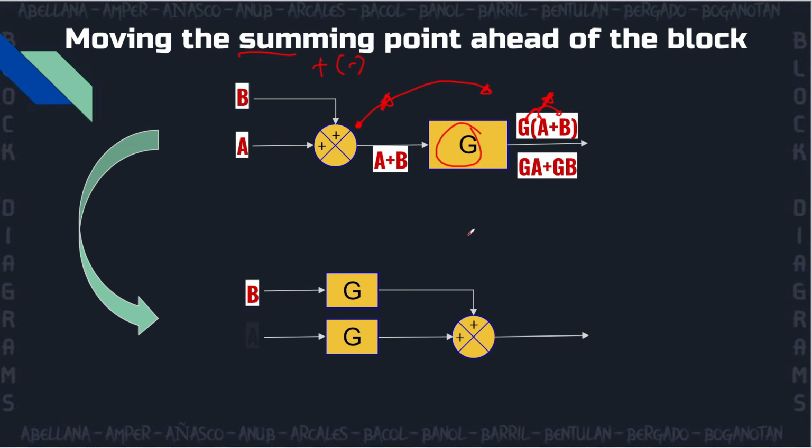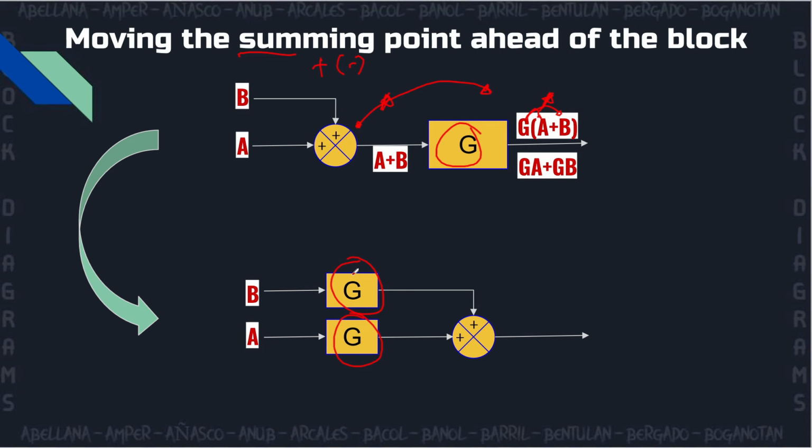Okay, so what did you notice in this new block diagram? One thing you have noticed is that you now have two transfer functions of G. Basically, we just split G into two different transfer functions. Why? This is why.